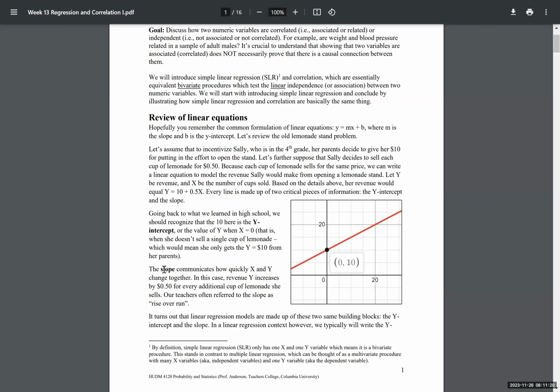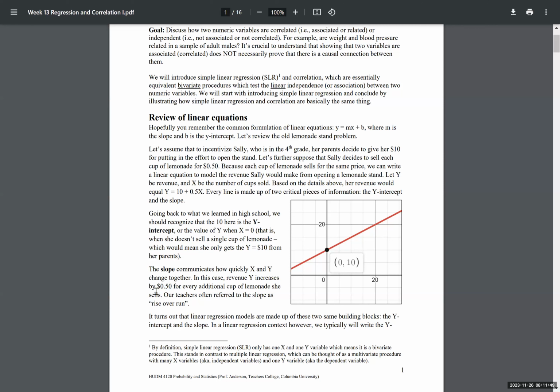We also have the slope, and the slope is basically the part of a linear equation that communicates how strongly x and y are associated or how much x and y change together. So in this case, every time she sells one additional cup of lemonade, she earns 50 cents. And so what this means is that 50 cents is the slope of our line.